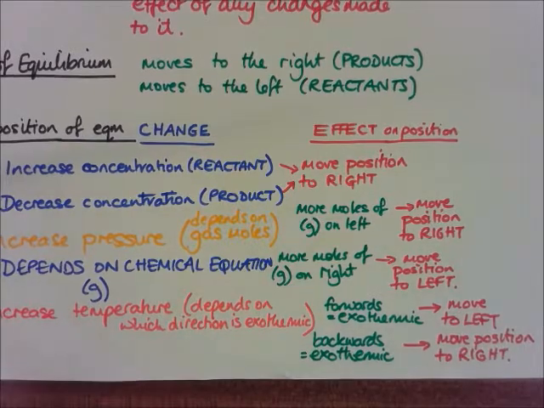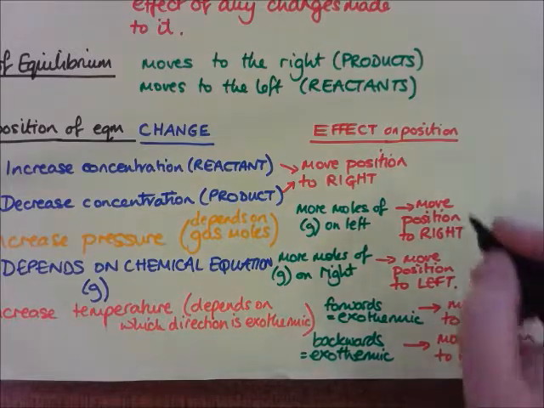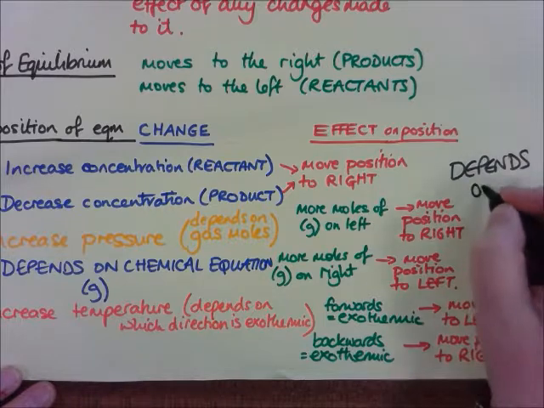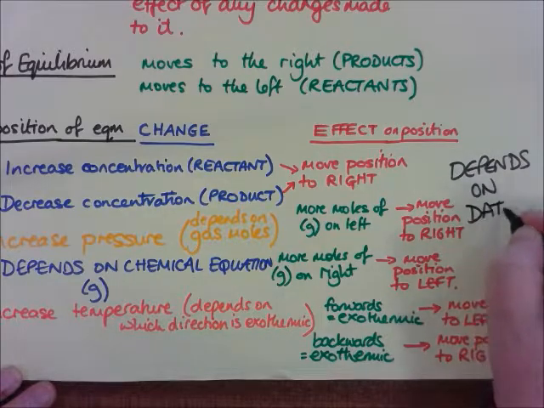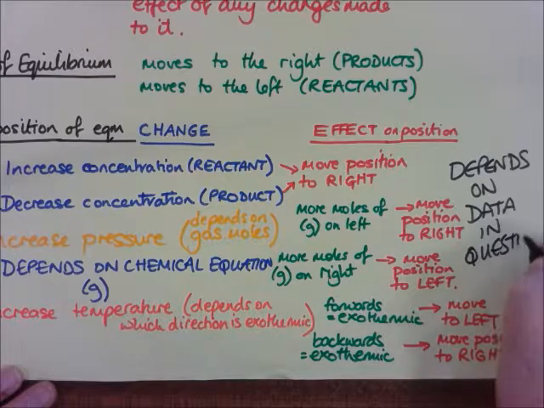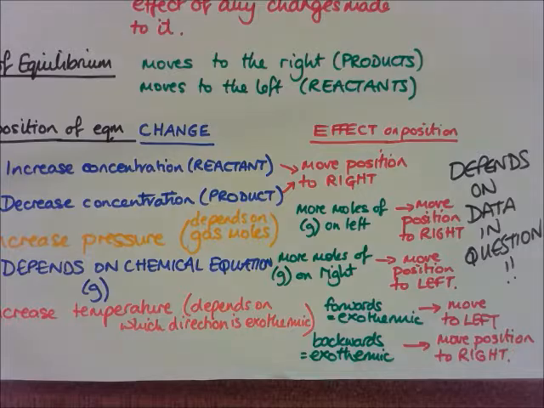And with all of these, it will depend on the data in the question, because that's how you can tell which way is exothermic, which way is endothermic, and what's going on.